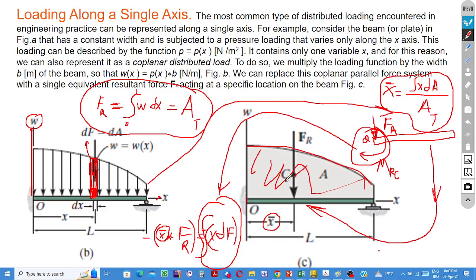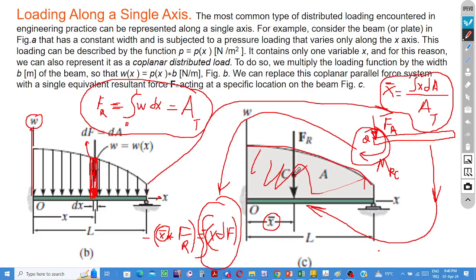From this analysis and interpretation, we can conclude that the representative resultant force at its special location passes through the centroid of the area under the load curve, while the coordinate of the centroid of the area under the load curve is also the coordinate for the line of action of the resultant force.